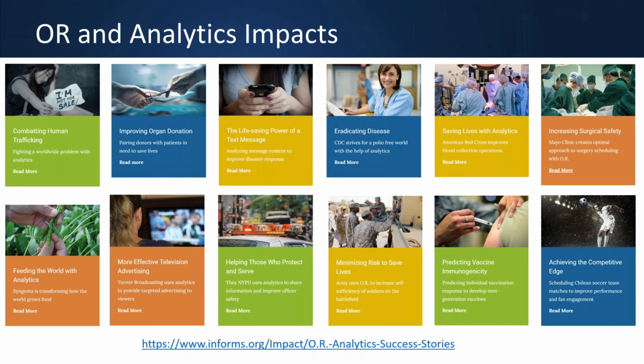These are large, complex, unstructured, important problems that the folks associated with Informs are solving. Combating human trafficking, certainly large, complex, unstructured. A relevant one in today's world, predicting vaccine immunity. And we're going to dive down into a couple of these problems a little bit deeper.